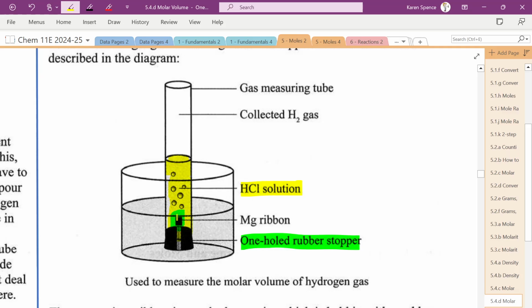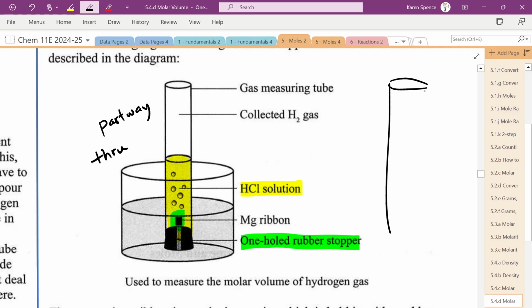When we start our experiment, it would look like this. So there's our stopper with a hole in it.